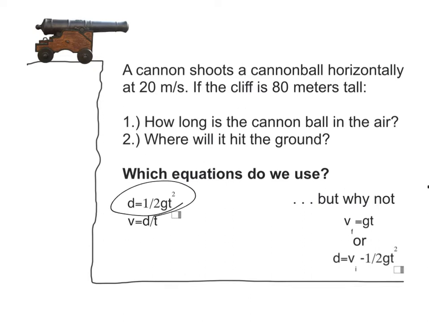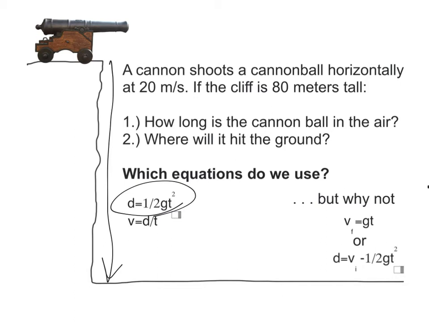Distance equals 1/2 acceleration due to gravity times time. Remember, the time that it takes for it to drop is the same as the time that it takes to go like that. So we can use that idea to help us figure out which equation to use. So distance is going to be 1/2 acceleration due to gravity times the time squared.